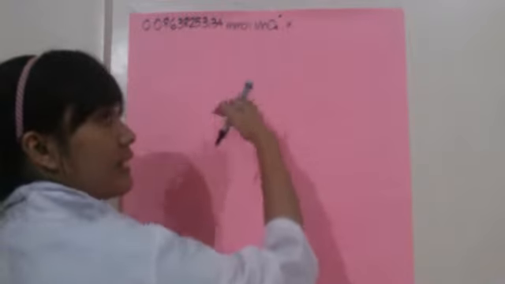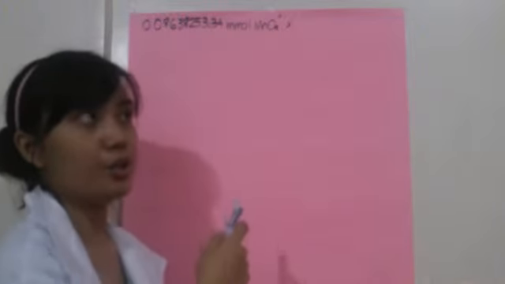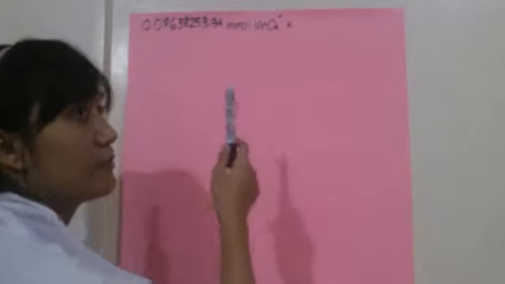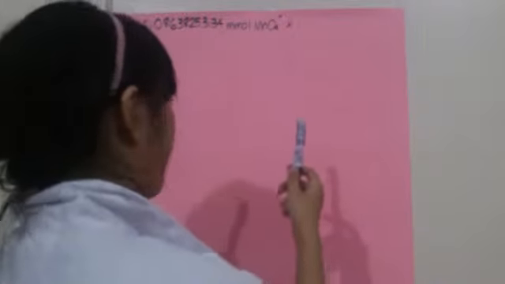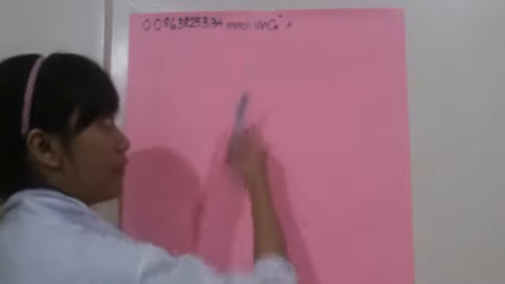Since the ratio of the MnO4 to the Fe2O3 from the last ratio would be 5:2, whereas the 5 millimole of Fe2O3 would be equal to 2 millimole of MnO4.